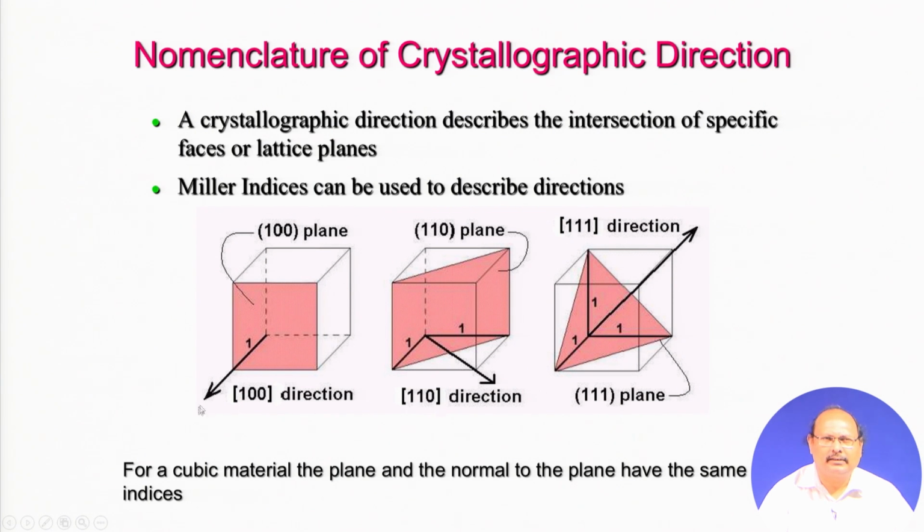So, obviously, the simplest nomenclature of this line will be 1 0 0. If this is a cubic crystal, then 1 0 0 will be perpendicular to the 1 0 0 crystal face here.